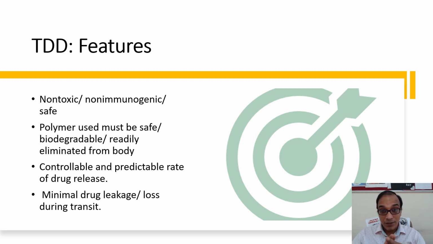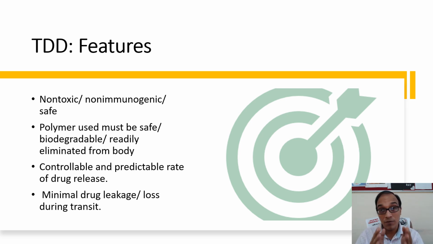It is non-toxic, non-immunogenic and safe. The polymer used in targeted drug delivery must be safe, biodegradable, readily eliminated from the body. So their safety is a prime concern because we are delivering the drug in the form of targeted drug delivery. So that's why we have to give this thing prime attention.